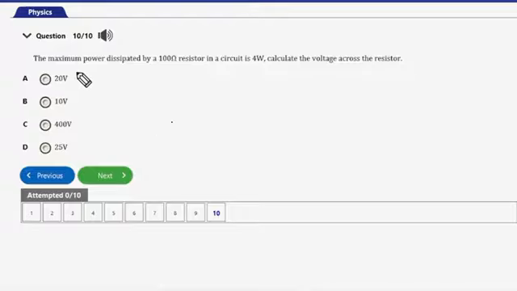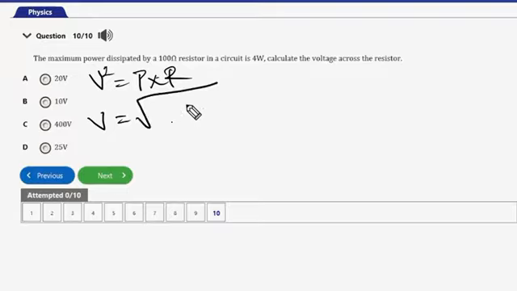So the voltage squared now is going to be the power times the resistance, but then voltage alone is going to be square root of the power times the resistance.